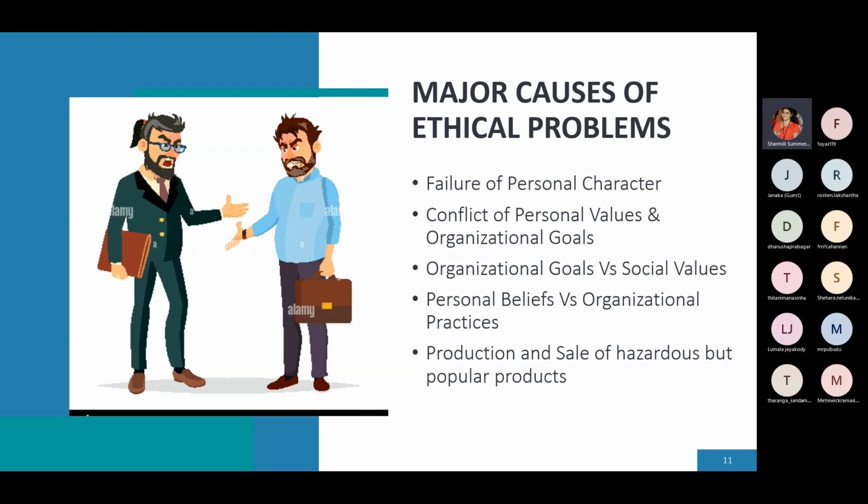Only then do we call it an ethical problem. Once the ethical problem occurs, that employer will be in a very complicated stage to take a decision, because he must take the decision which will be favorable for the employees. But if at that time he takes the decision unfavorably, then he will be in a very complicated state. So these are the major reasons why these ethical problems arise in workplaces.